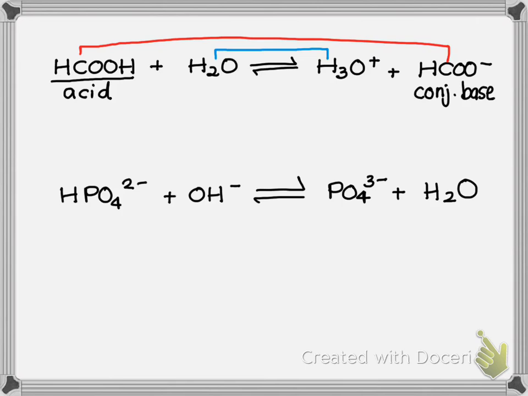Automatically this one then, the water, gains an H plus, so it would have to be a base, and this would have to be the conjugate acid. So notice on both sides there's an acid and a base, and when you look from the reactant to the product, the acid produces a base.